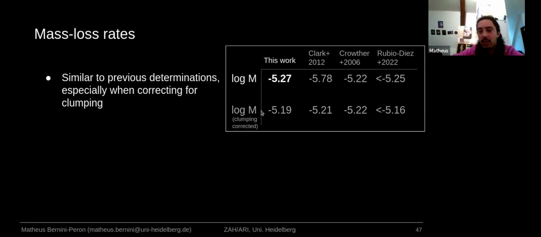And you see that when you correct for clumping, we get an even more similar result. So this also reveals that our hydrodynamically consistent modeling is coherent with what has been inferred for the star for decades.